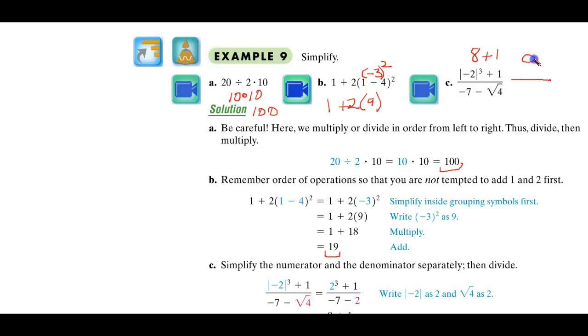That's going to be a 9 on top. This comes out of the radical sign as a +2, but we take the opposite sign, so -2. -7 is a -9, which equals a -1. And we'll see that down below.